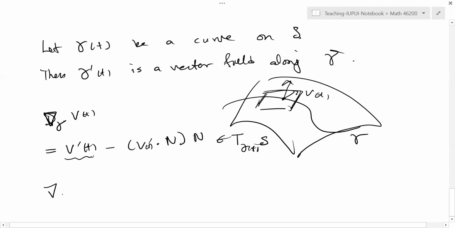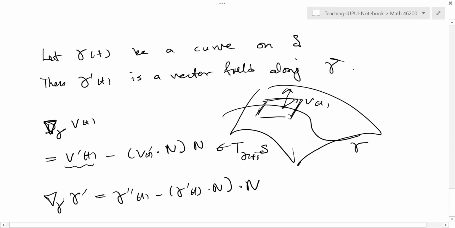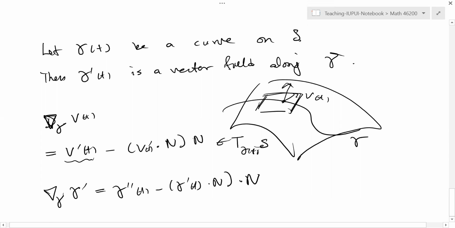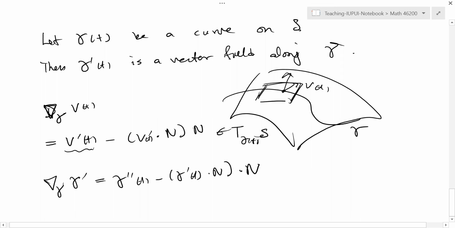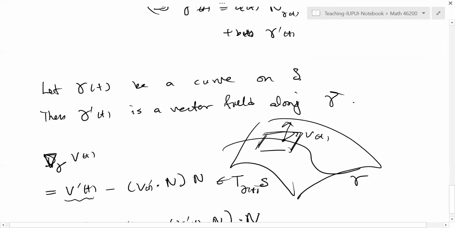Now, if you want to look at this covariant derivative of the tangent vector field, this is going to be gamma double prime minus the component of gamma prime of t in the n direction. So, slightly different.